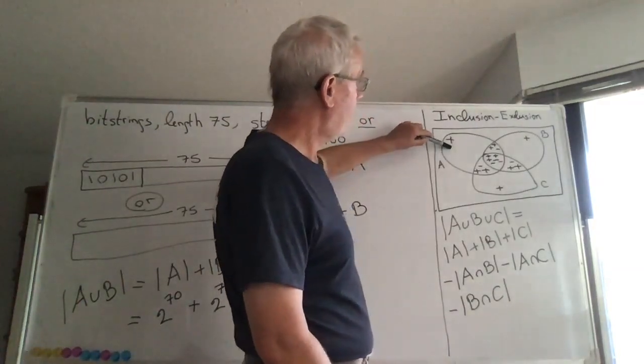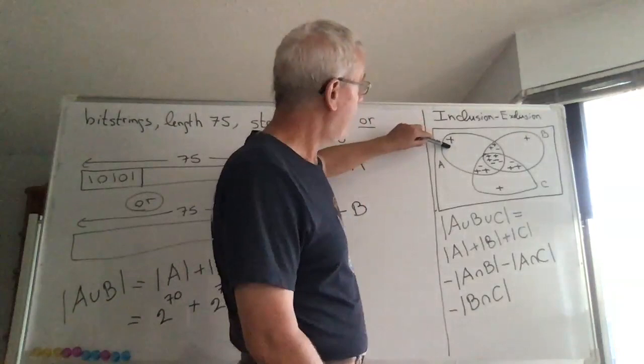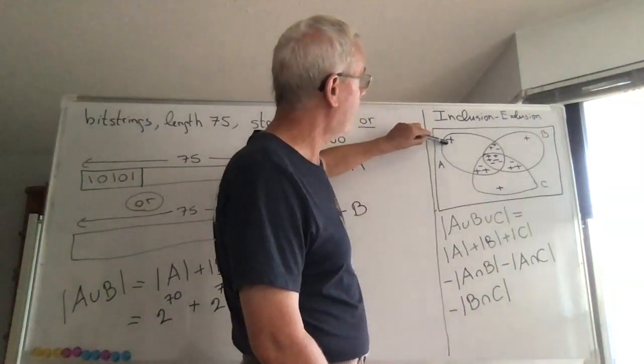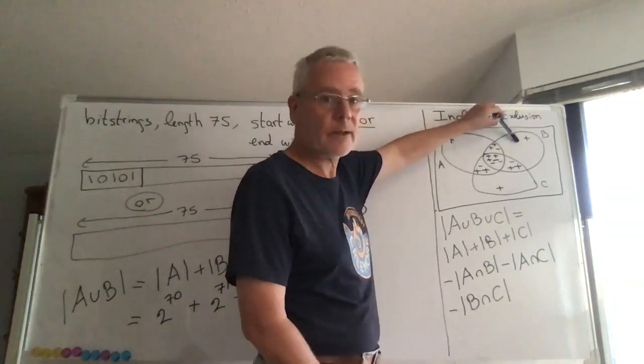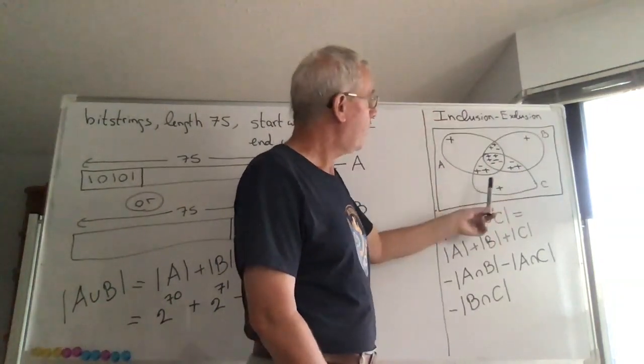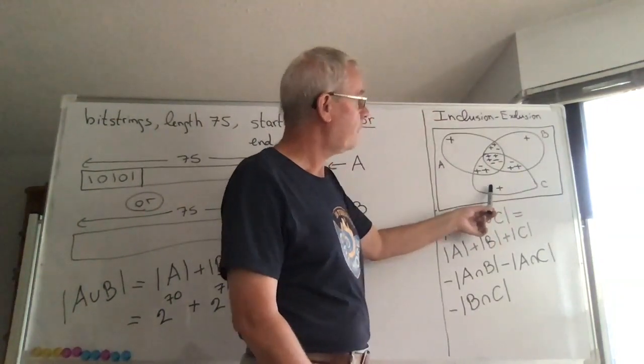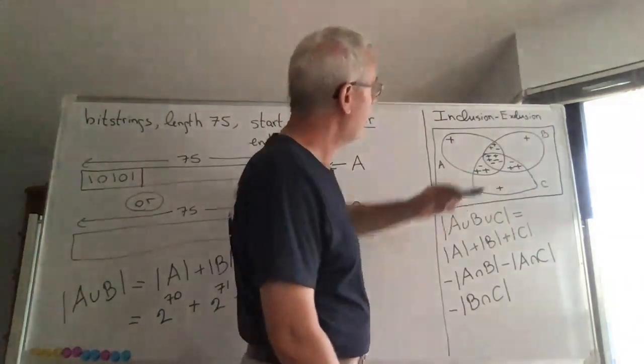Elements here, so they are only in A, they have been counted exactly once. Elements in B have been counted exactly once. Elements that are only in C have been counted exactly once.